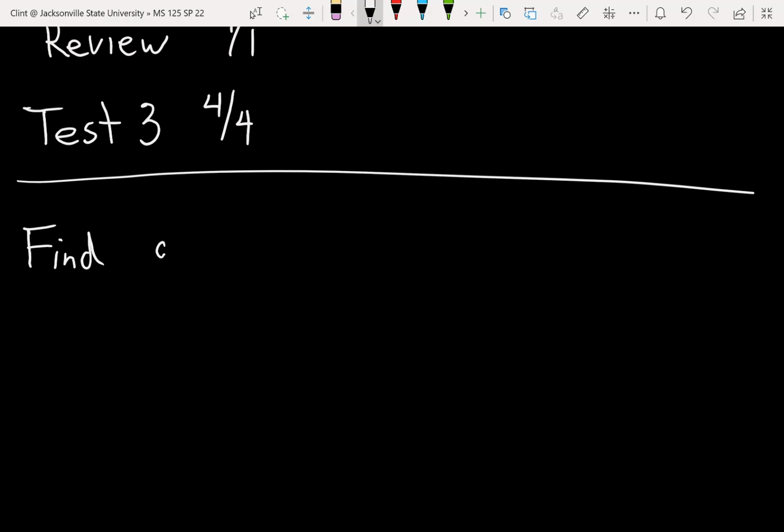So on all these, we got multiple pieces. We want to know the intervals where our function is increasing or decreasing.